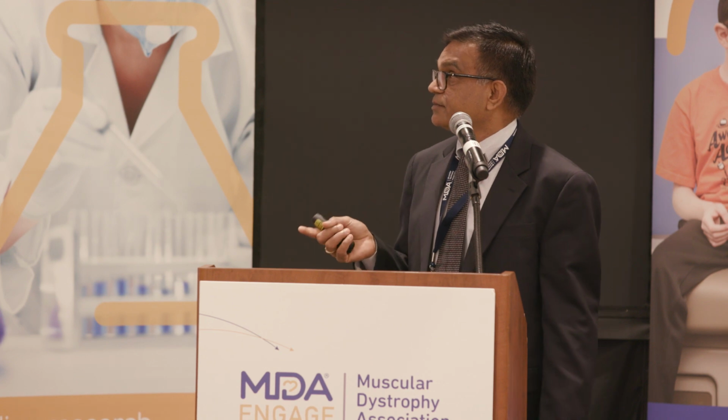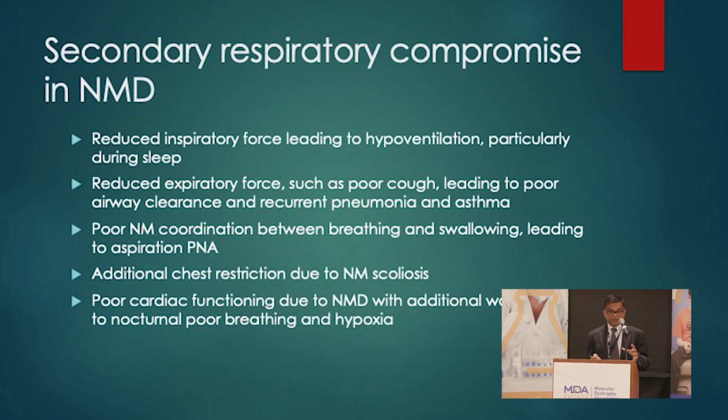So those 4 components are very important, and I will tell you that the compromise which you get with neuromuscular disease is, number 1, it is secondary. But the most important part is that it happens more at the times when you are in most need. While awake, you may be all right, but while you are sleeping, that becomes a problem.